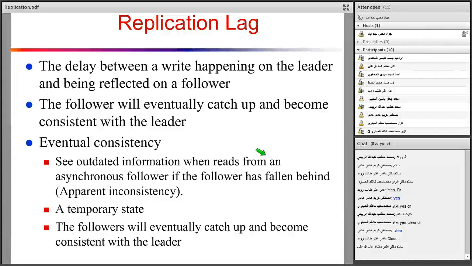We know that eventual consistency happens after some minutes, some seconds, some moments. But we want to have a short replication lag.